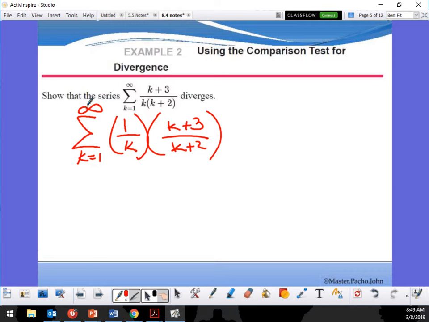On this one, let me make sure. Oh, I was on the wrong example. Make sure I do not screw this one up. We can make that 1 over k and not k plus 3 over k. Yes, 1 over k, because I'm factoring out a 1 from the top. Good question though. I just want to make sure I don't screw this one up.